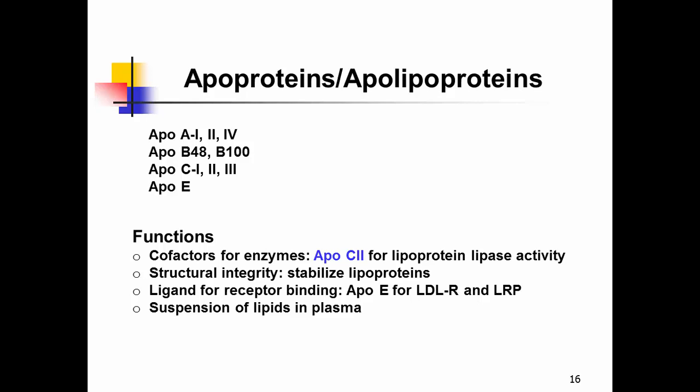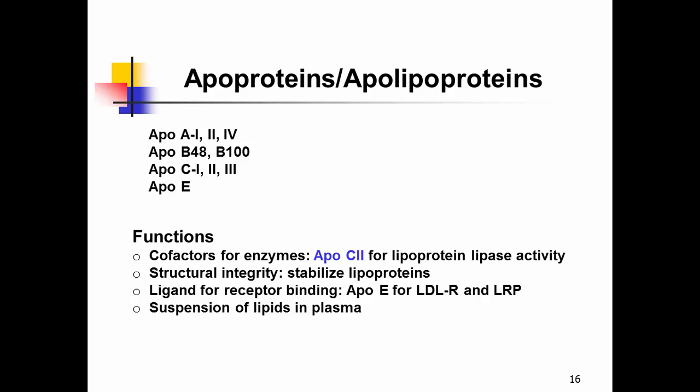And third, some of the apoproteins function as a ligand for receptor binding. For example, ApoE is very important for LDL receptors or LDL receptor related proteins. These receptors are very important, right?